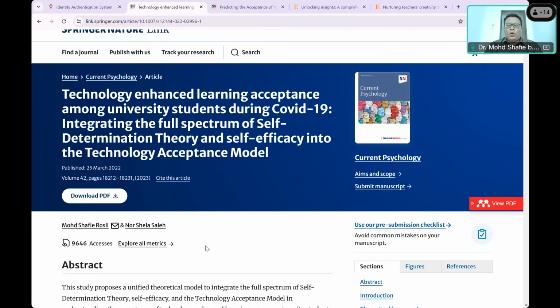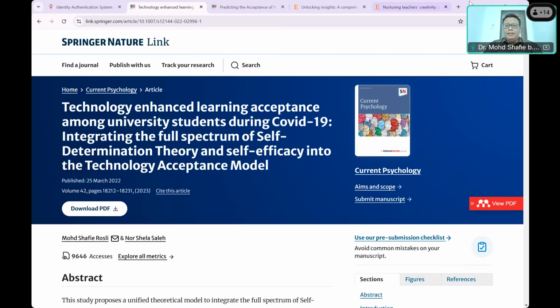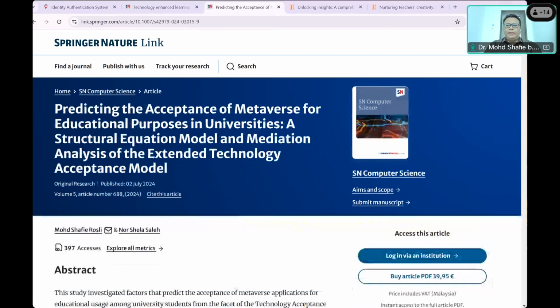From the data we collected, we combined two theories, theory A and theory B. These theories had some gap, so we combined them together. We used covariance-based SEM to understand the relationship between all of these variables, and we came up with a new model. So this is an example of how you can use it for a complex issue.